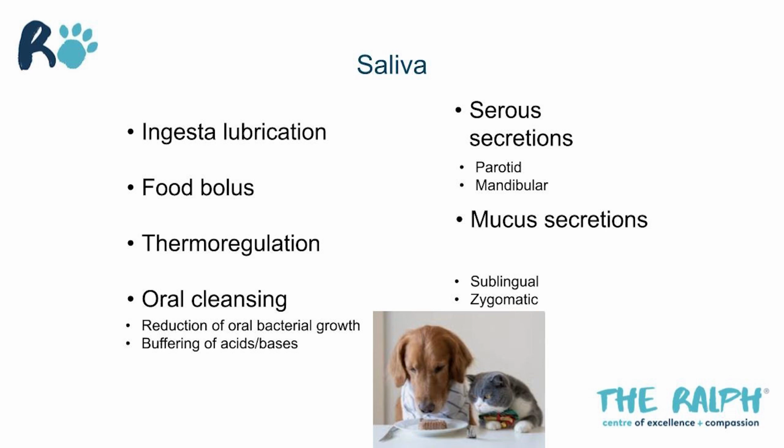If we look at the salivary glands from a histological point of view, we will see that they contain serous secreting cells and mucus secreting cells. The ones with the highest serous secretions are the parotid and submandibular salivary glands. The highest mucus secretions come from the sublingual and zygomatic salivary glands.